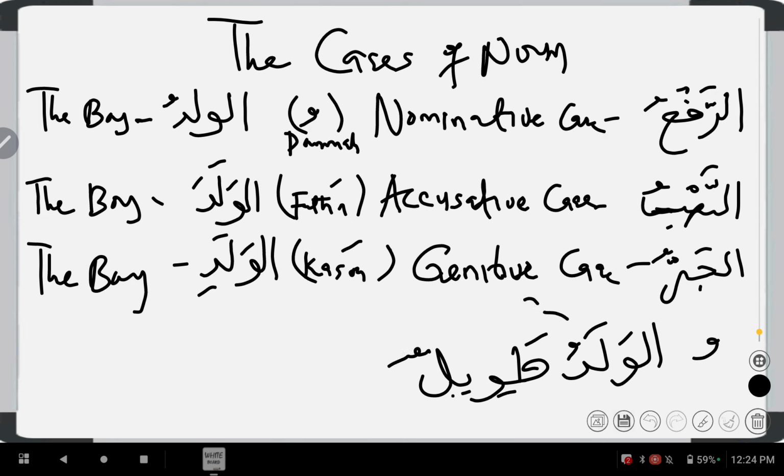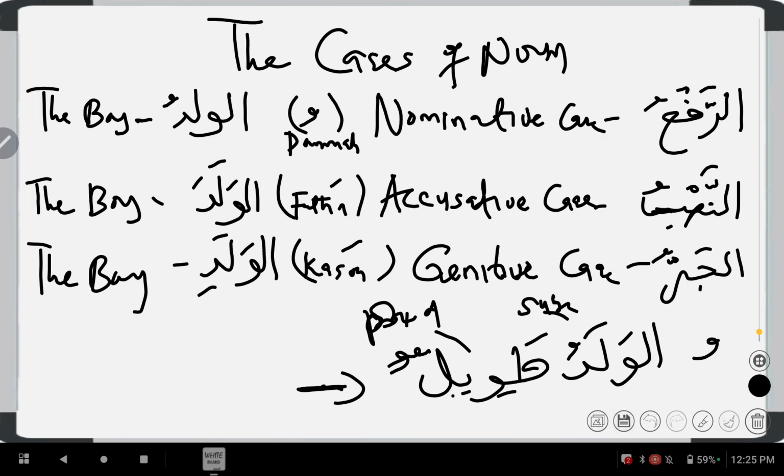This is a subject, mubtada, and this is the predicate, khabar. So a subject, a mubtada, in its original state will always be in the state of rafa. It will always take dhamma at the end because it is a subject. Tawilun, a predicate also, in most of its cases takes dhamma.